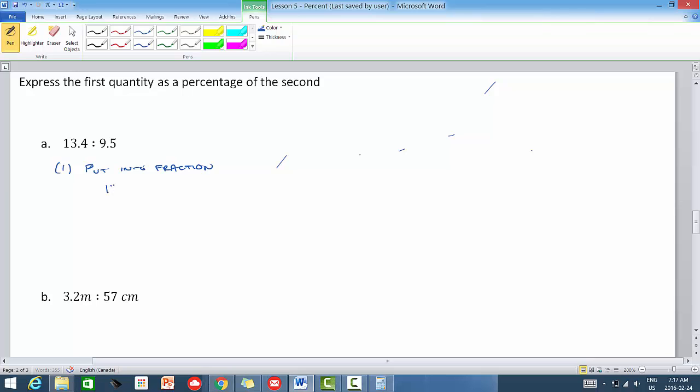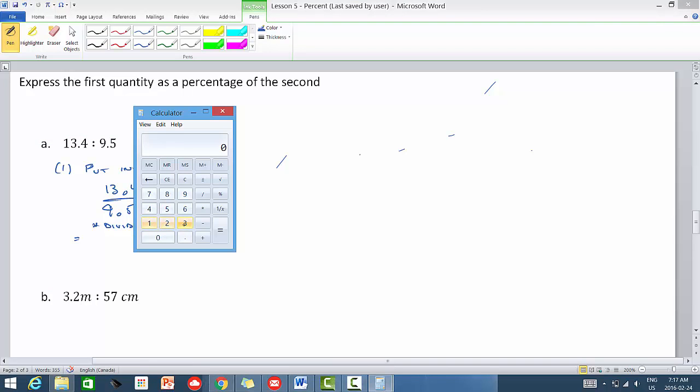Okay, so 13.4 divided by 9.5. Okay, what we get out of this when we divide the two is a decimal.